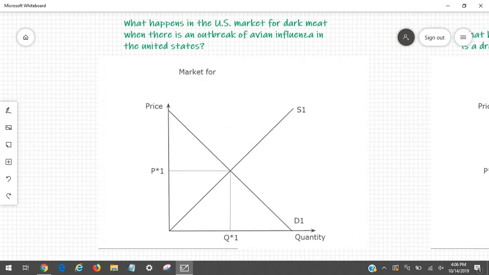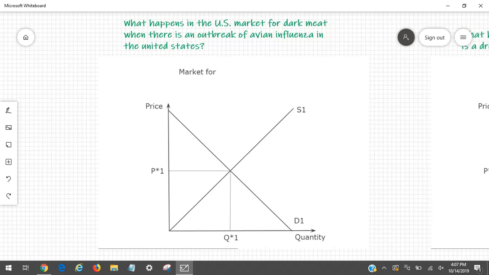So the audio clip mentioned how avian influenza often results in other countries banning the purchase of dark meat from the United States. So if there's an outbreak of avian influenza, then we would expect, at least temporarily, for the demand for dark meat to decrease.